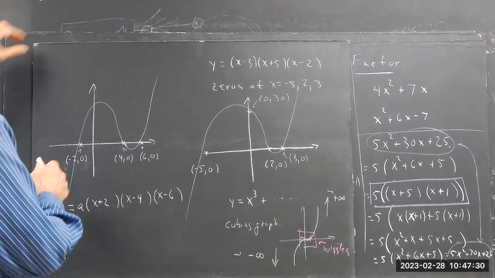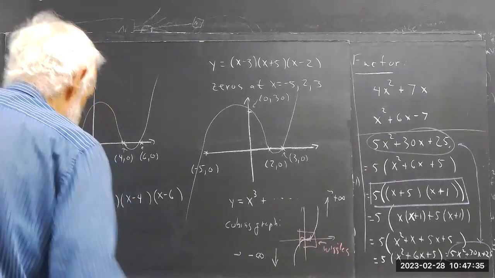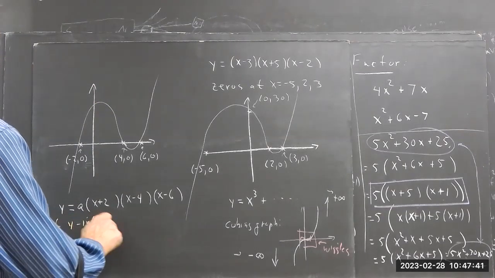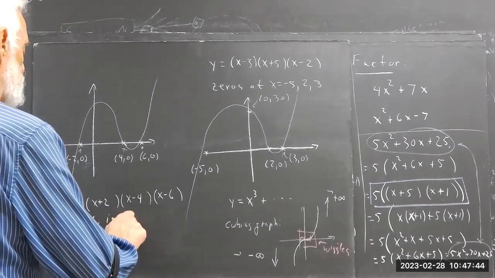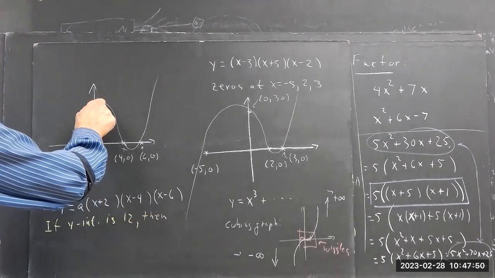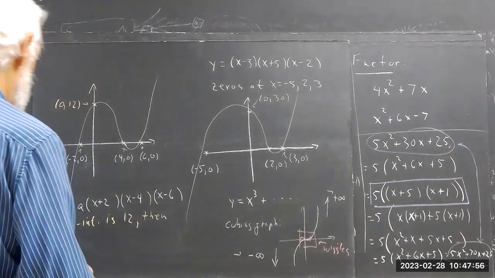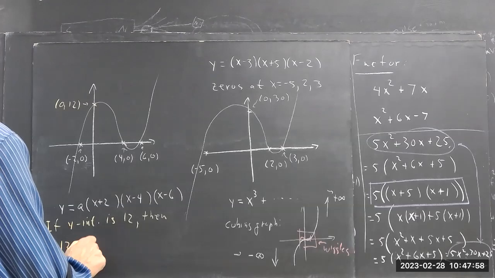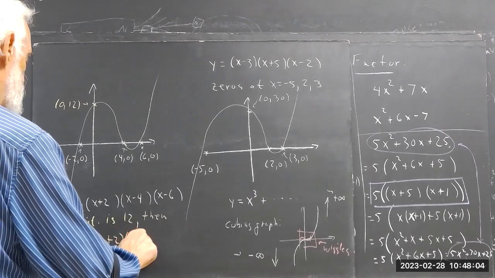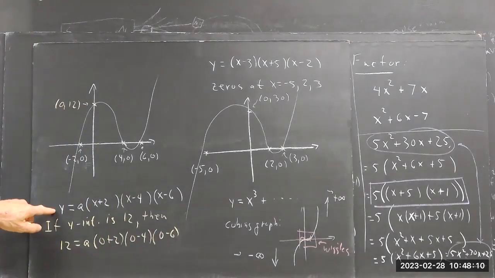Now, if I also give you a y-intercept, if the y-intercept is 12, then what? Y is 12 when x is 0.